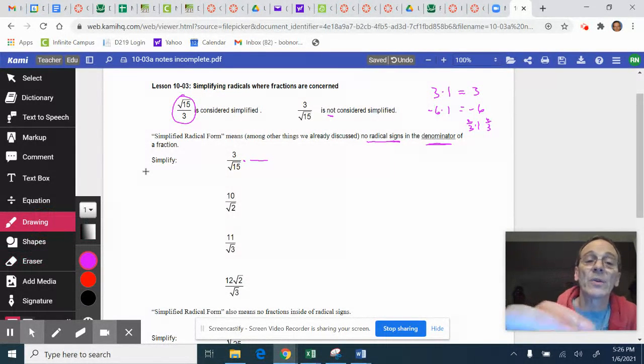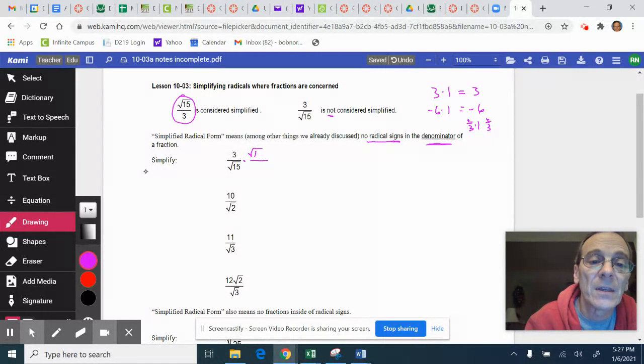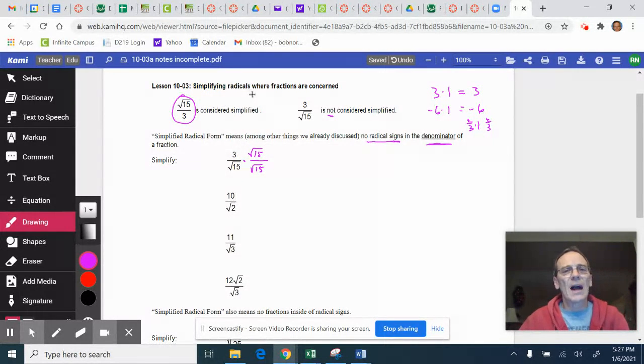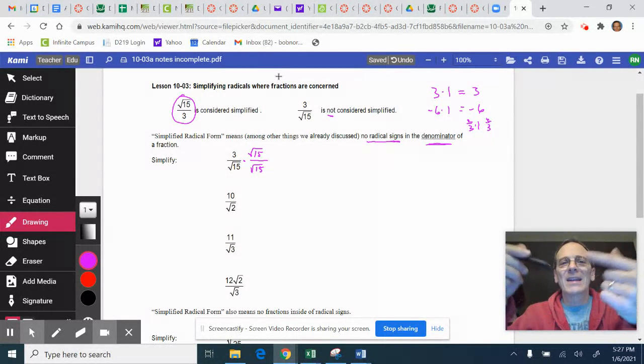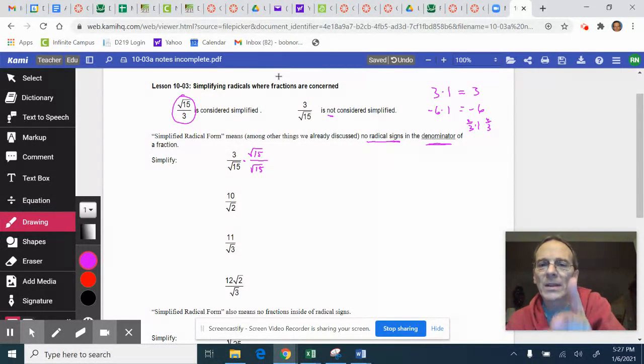And the way we do that, again, we're going to multiply by the number 1, but we're not going to write the number 1, and we're not going to write 1 over 1. We're going to write square root of 15 divided by square root of 15. Which might seem like a really odd choice, but keep in mind that anything divided by itself is 1. Just like anything times 1 is itself, that I illustrated up here.